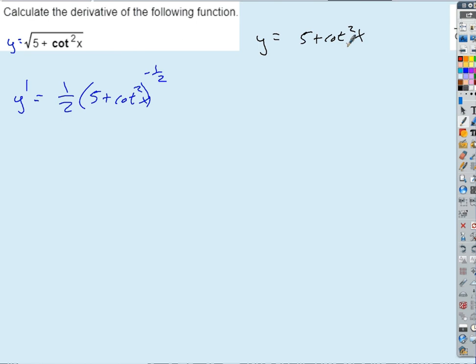So what's the derivative of cotangent squared? 2 cotangent to the 1, okay, good. So we get times 2 cotangent x to the 1. We got rid of the squared.